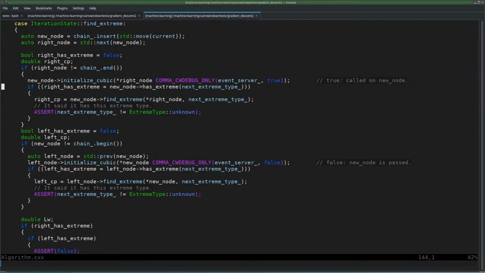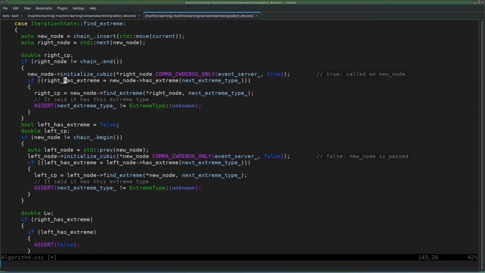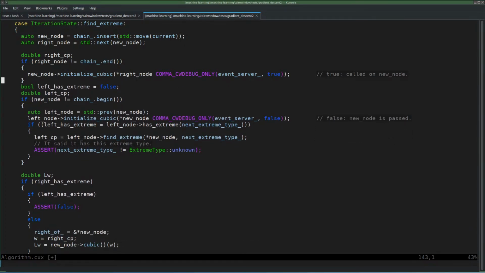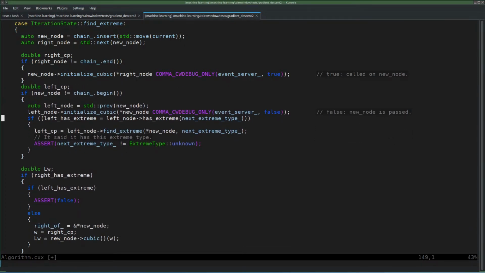So I'm not even going to call find extreme anymore. Delete this whole thing. Find right has extreme is going to disappear because I'm not initializing it anymore. Same here.